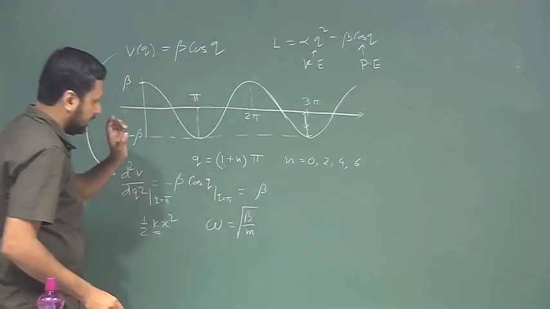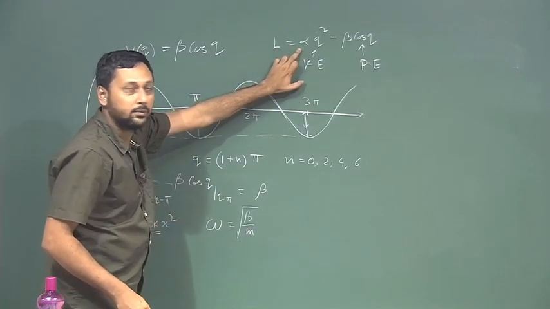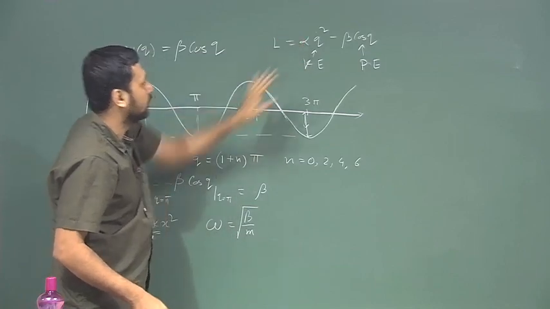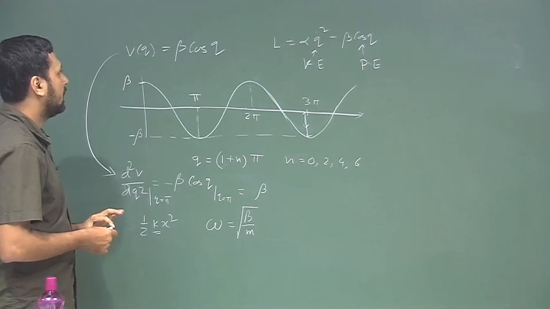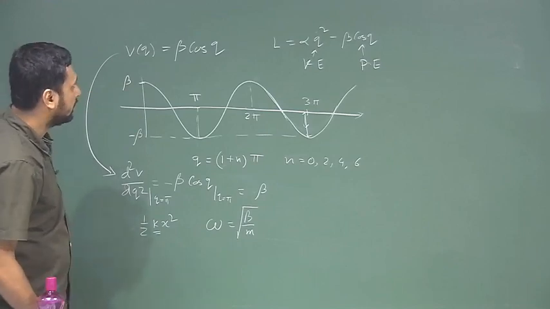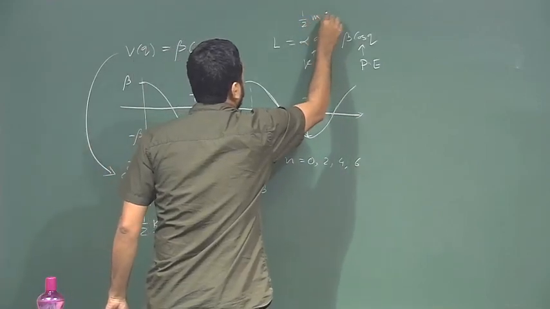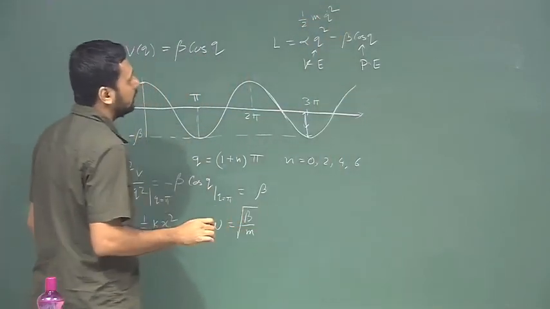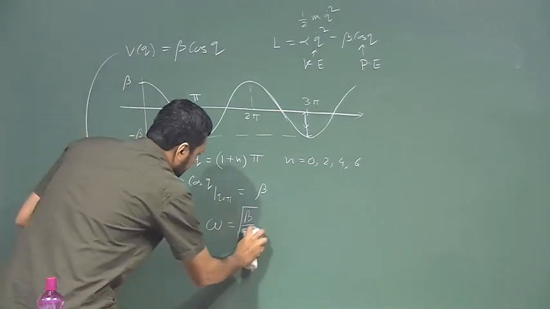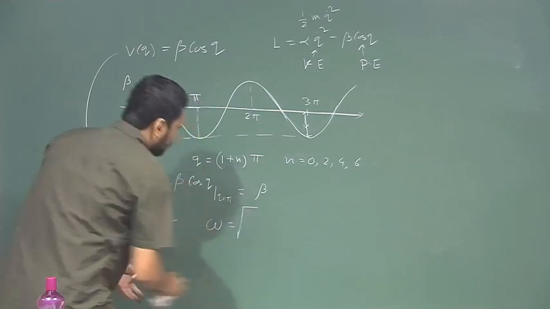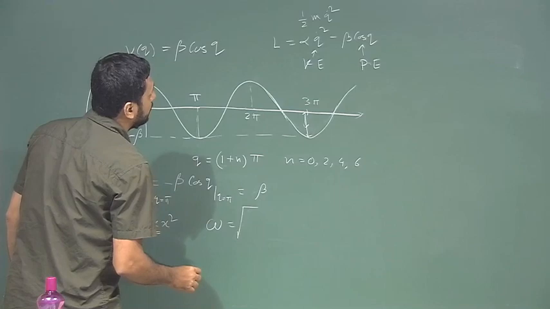By the way, now there is no m here, but from the kinetic energy part, we see that alpha is playing the role of m. Not exactly, because we typically write half m q dot square. So, alpha is equal to m by 2, so m is equal to 2 alpha.